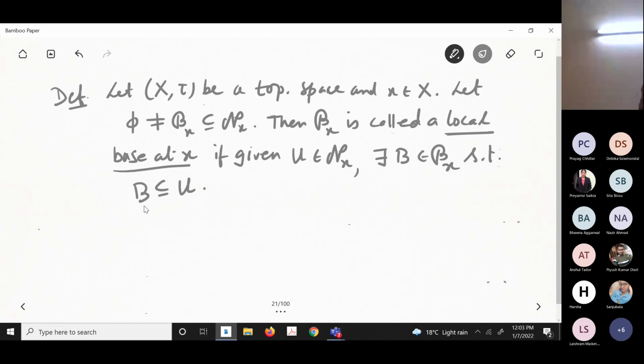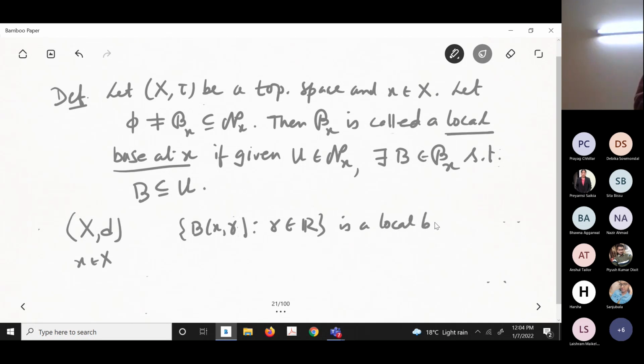For example, take a metric space (X, d), which is a topological space with the topology generated by d. Given a point x belonging to X, the balls B(x, r) with r belonging to the reals form a local base at x. But a local base need not be unique.